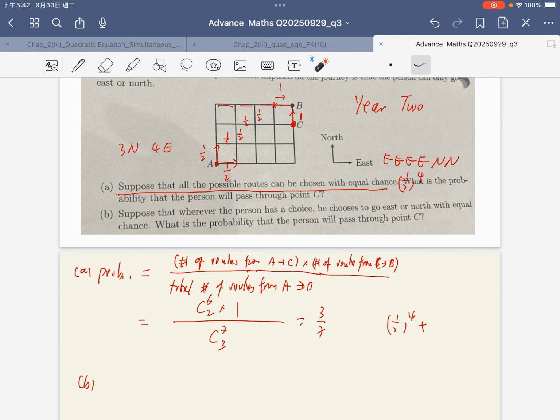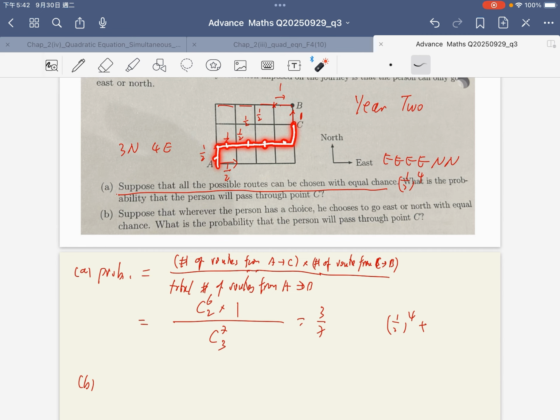If we choose north first, or in the middle, but not as the last one, then we go east here, then north, and so on. Let me count: 1 over 2, five times.